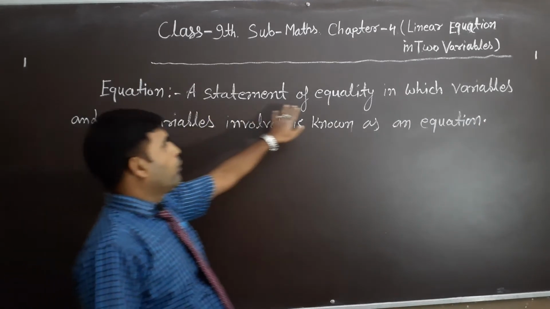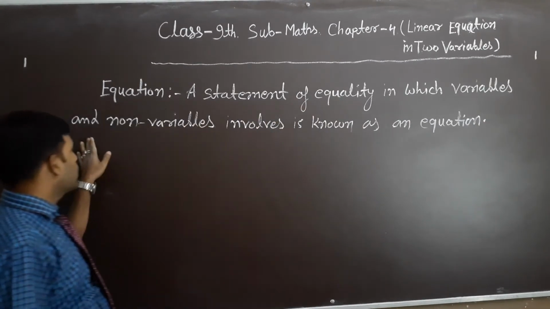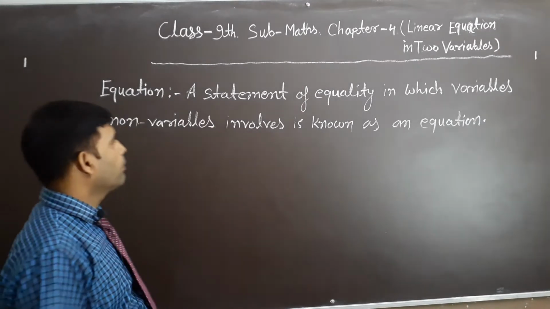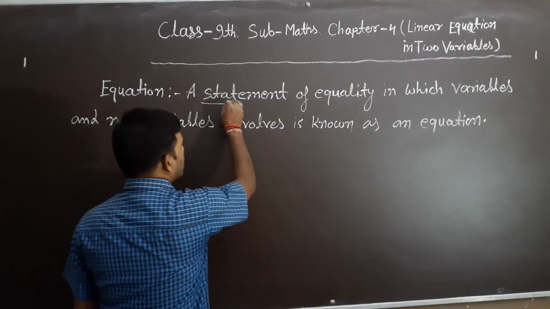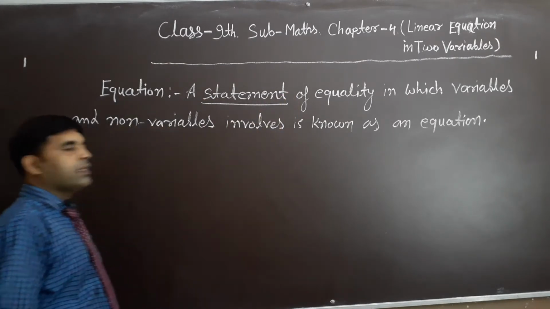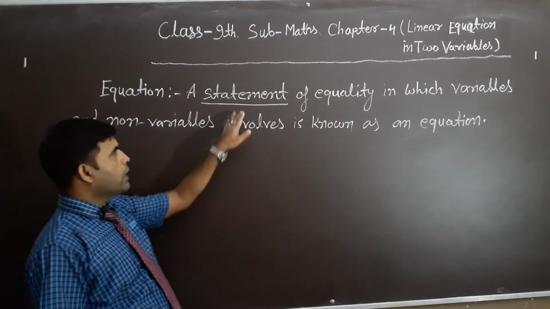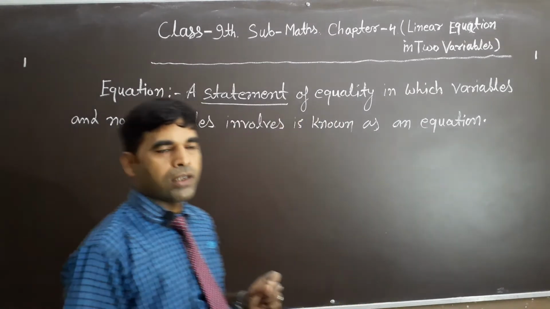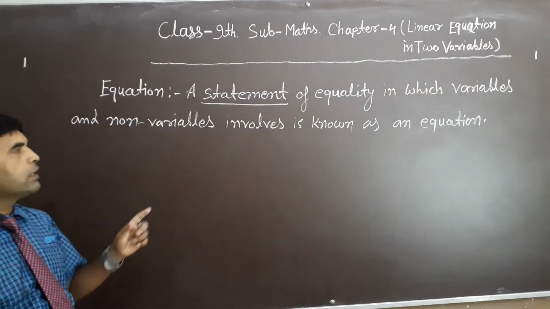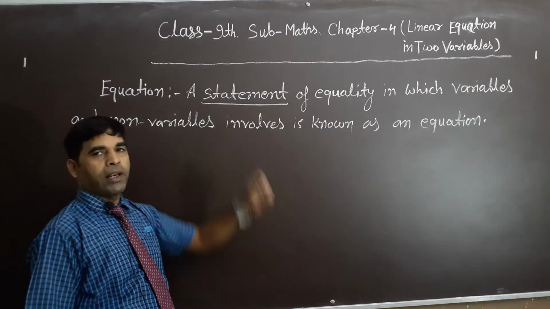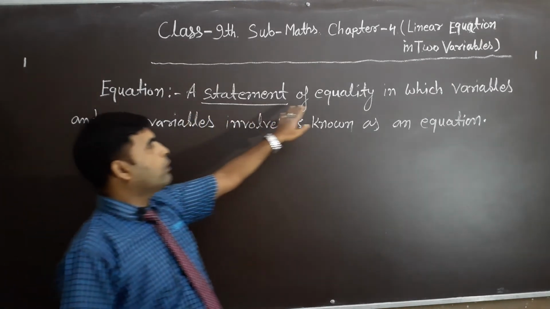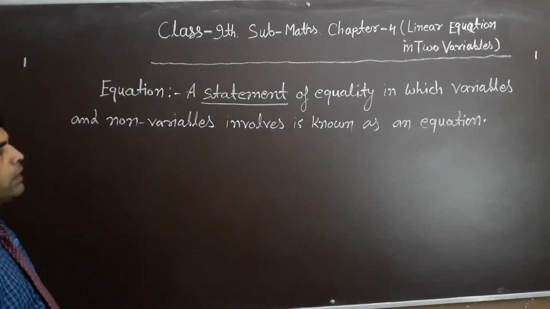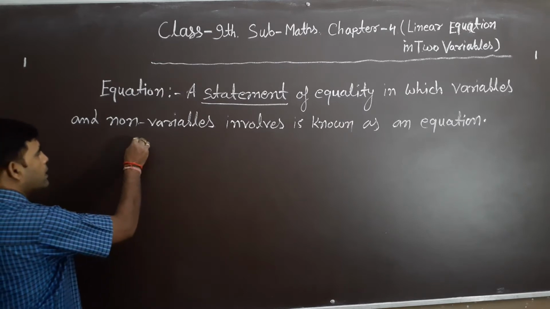A statement of equality in which variables and non-variables are involved is known as an equation. There is a word, a statement. What is a statement? A type of sentence which can be judged for its truthfulness is known as a statement. So, a statement of equality in which variables and non-variables are involved is known as an equation.